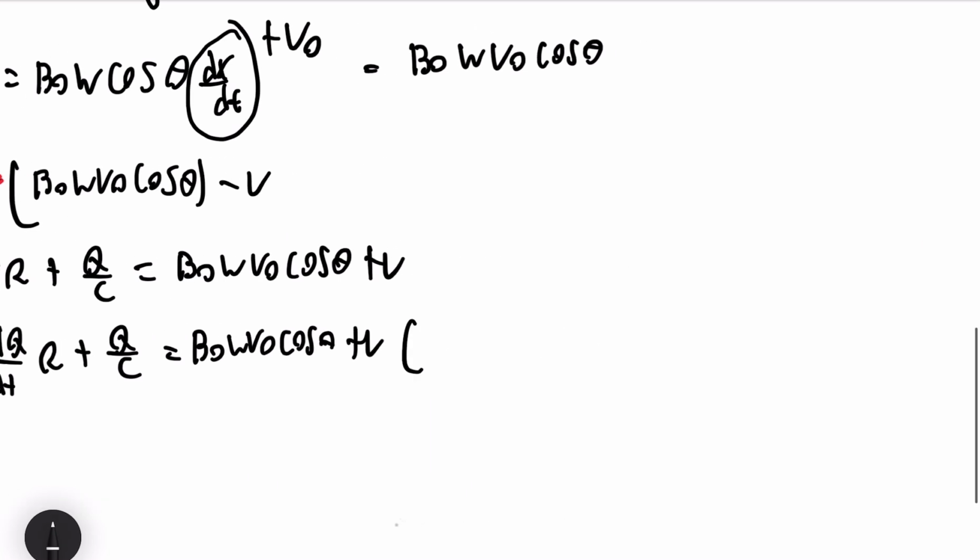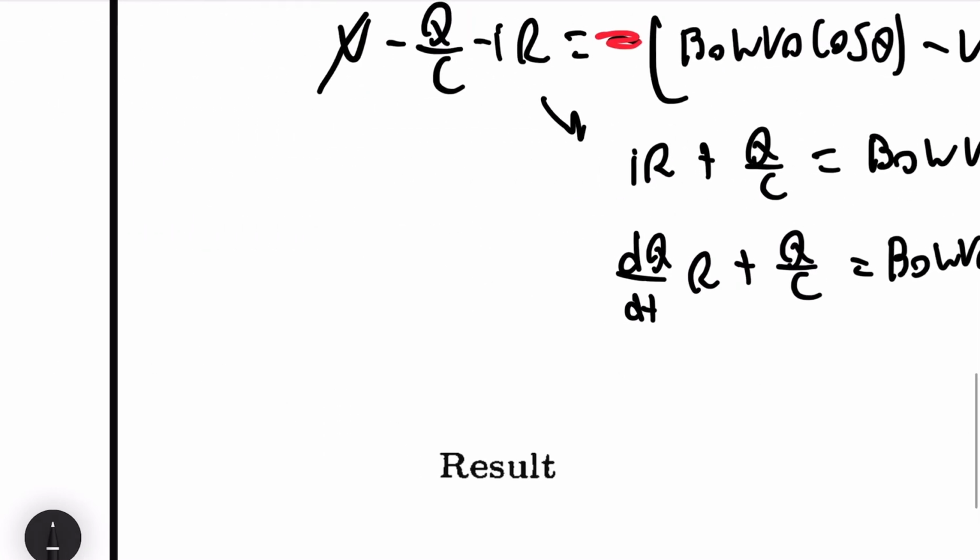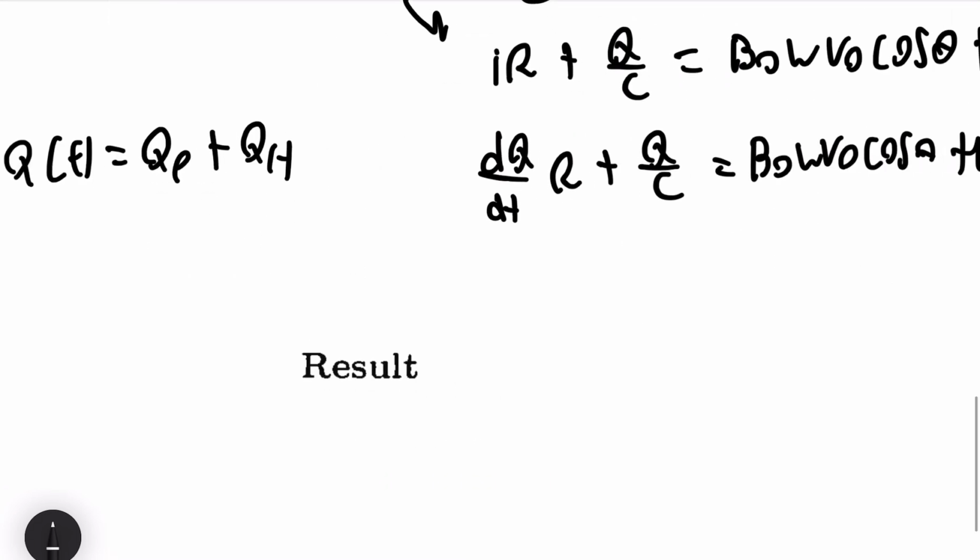And we should recognize this is a non-homogeneous differential equation, which just means it doesn't equal 0. And whenever we have this case, we need to know that the solution is q particular plus q homogeneous. So let's solve for q particular. In q particular, this is in steady state.